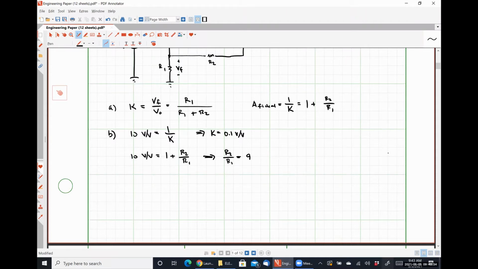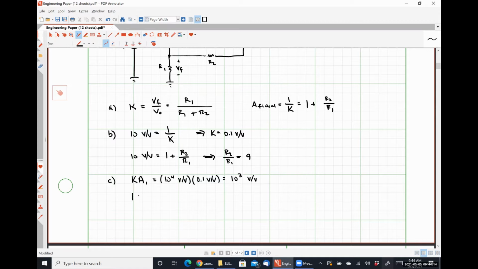So for part C, we have a finite value for our open loop gain, and we're asked to calculate the loop gain, the amount of feedback, and the actual value of AF. So our loop gain, K A1, is our open loop gain of 10 to the 4 volts per volt times our feedback factor of K, which we know to be 0.1 volts per volt, gives us a value of 10 to the 3 volts per volt, or 1,000.